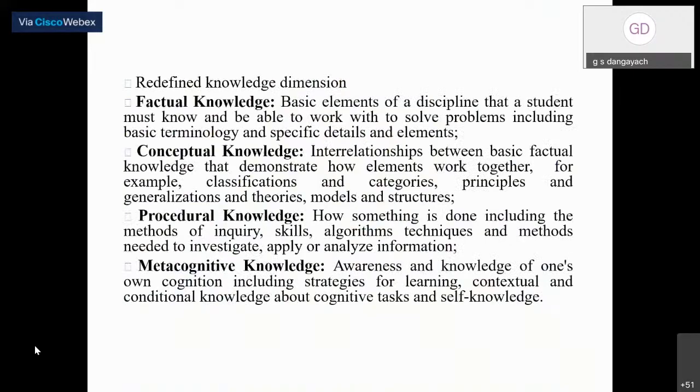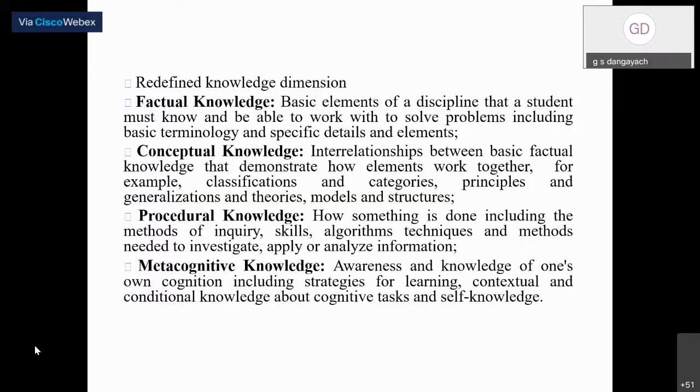They redefined the knowledge dimension. Factual knowledge: the basic elements of a discipline that a student must know and be able to work with to solve problems, including basic terminology and specific details and elements.